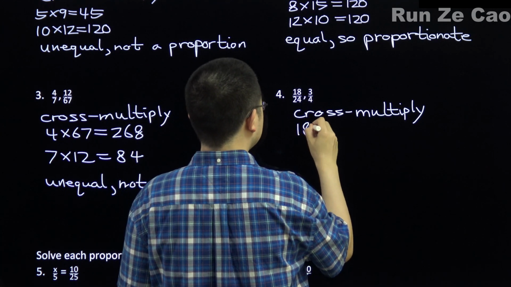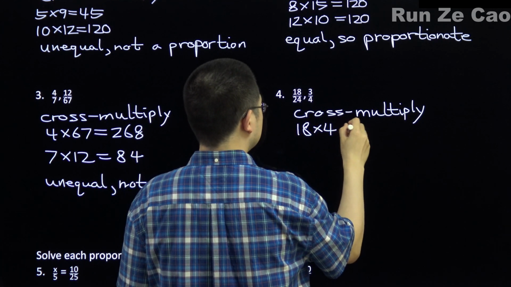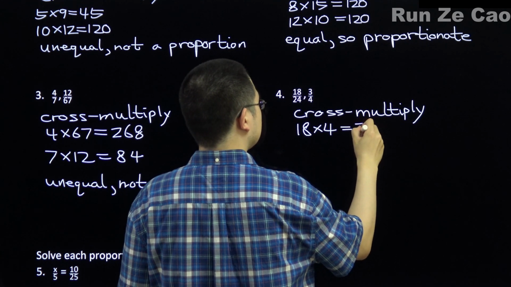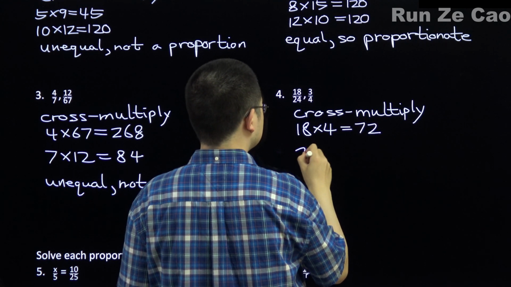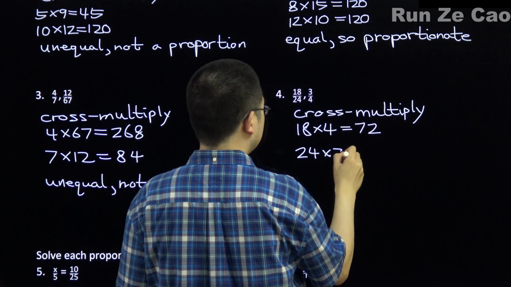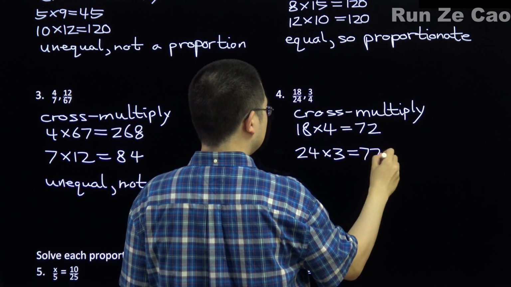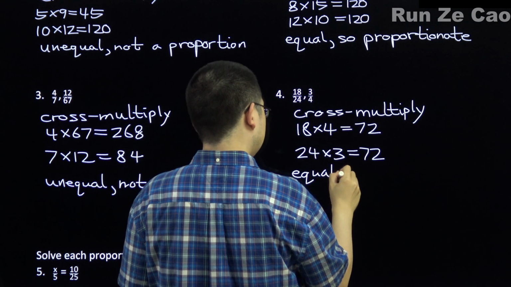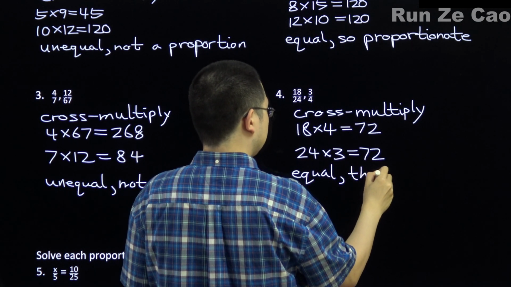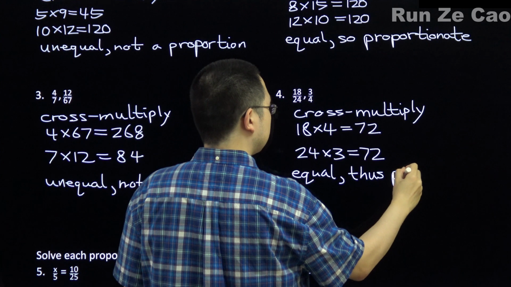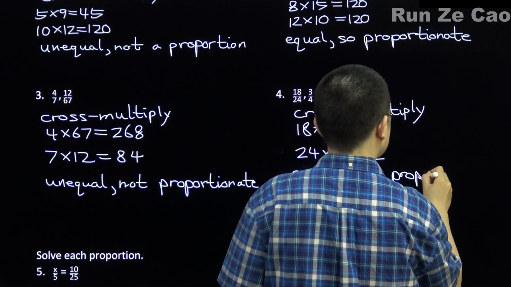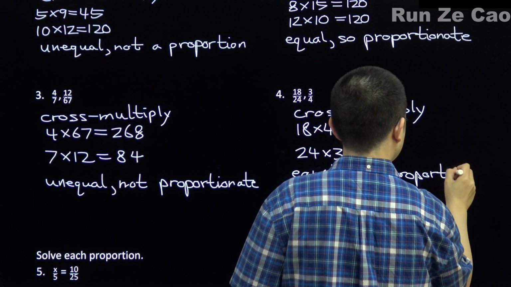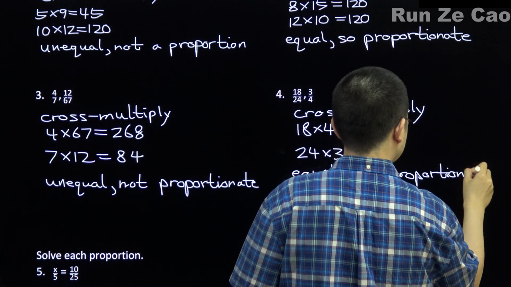So 18 by 4 is equal to 72. 24 by 3 is equal to 72. Equal. Thus, proportionate.